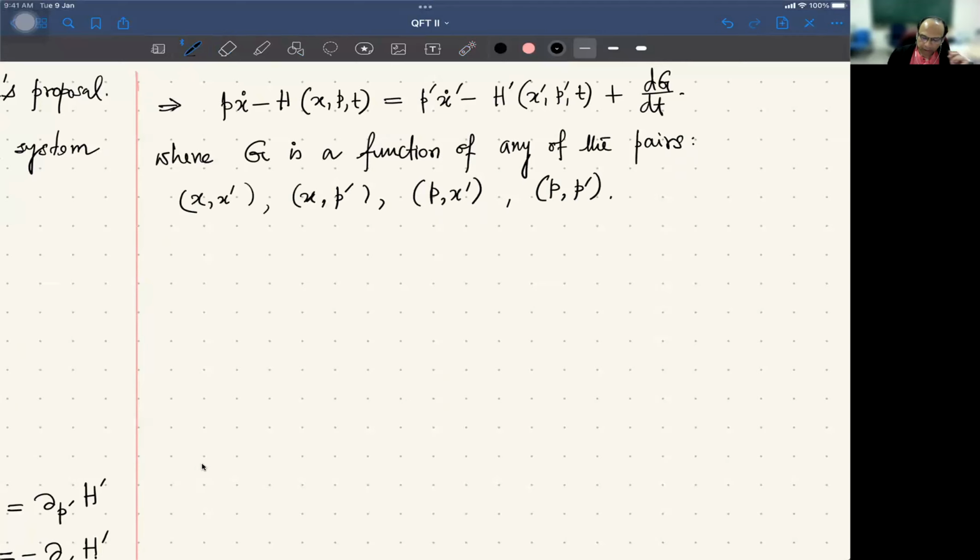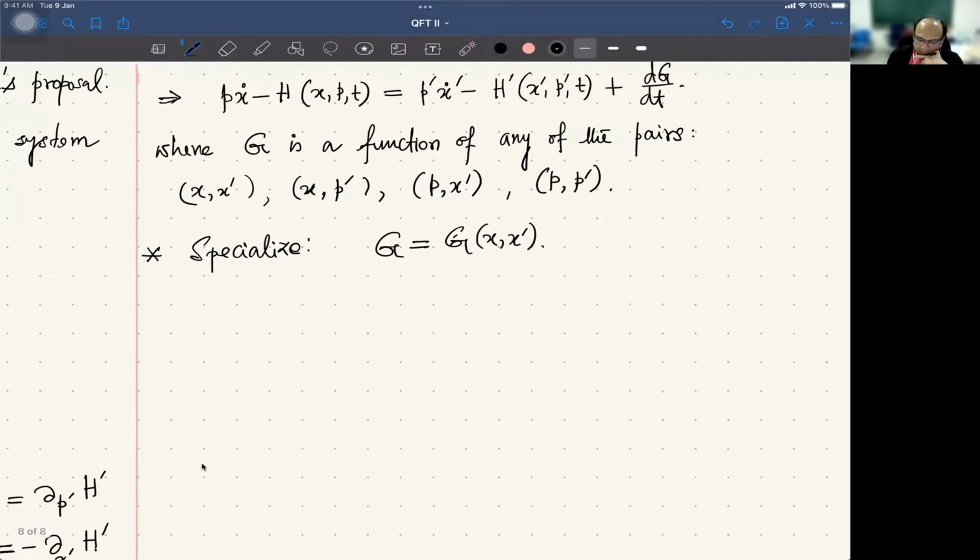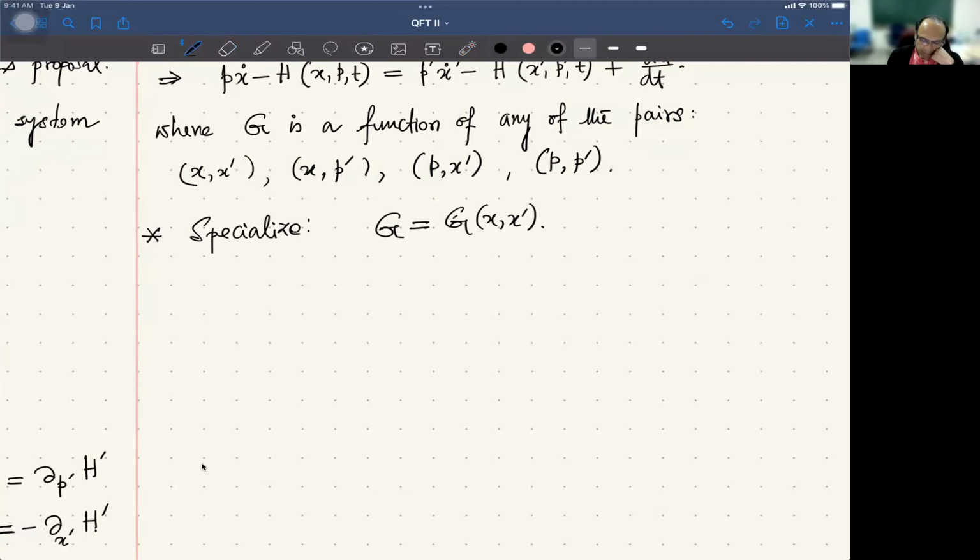Now we are going to specialize to the first set, the first pair. So specialize to G being a function of x, x prime. Okay, we just consider the first one, and then the chain rule will tell us that dG/dt is del G del t plus del G del x times x dot plus del G del x prime times x dot prime.